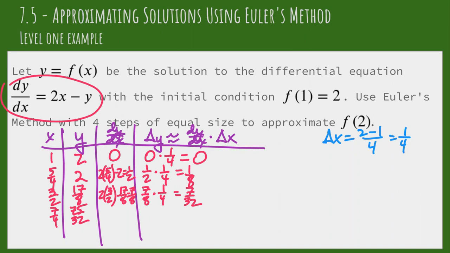And we find dy/dx at that point. So that's going to be 2 times 7/4 minus 75/32. So we get 14/4. So 14/4 minus 75/32, multiply that by 8, we get 112/32 minus 75/32. So 37/32.